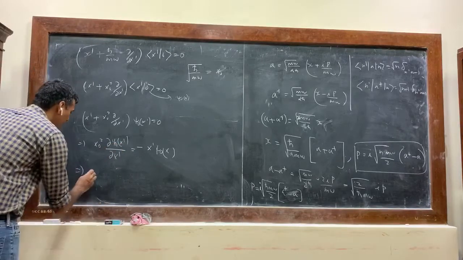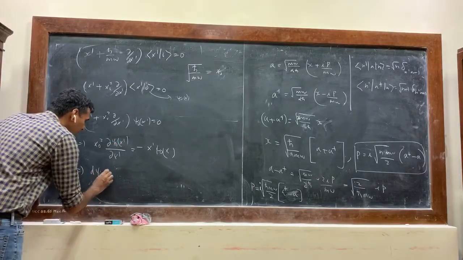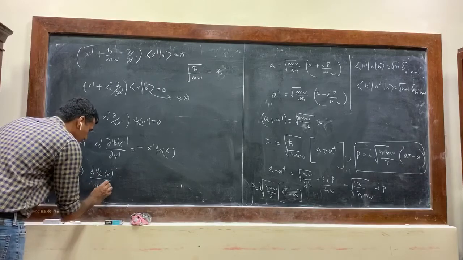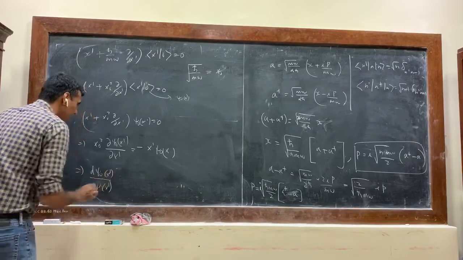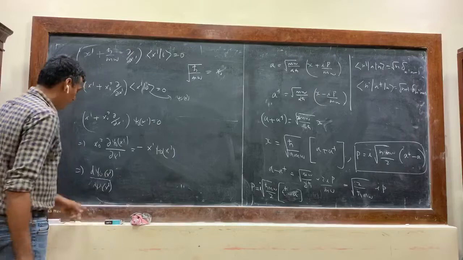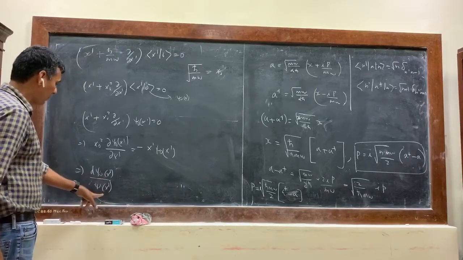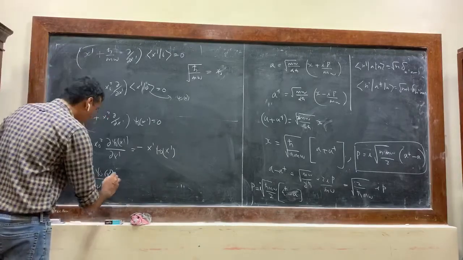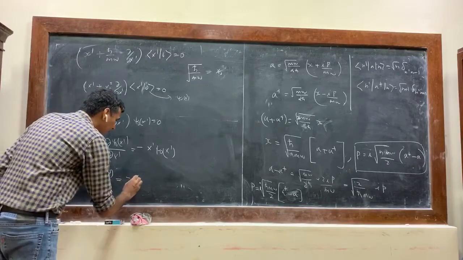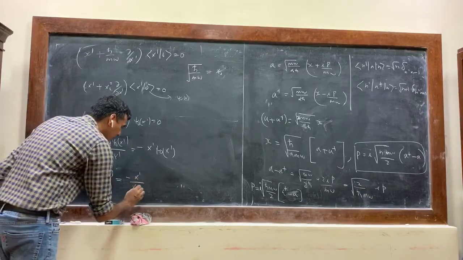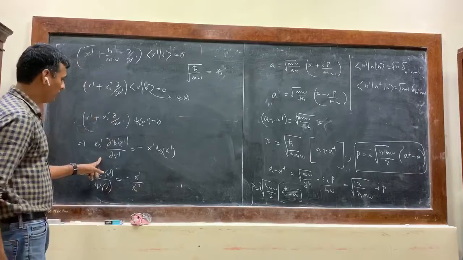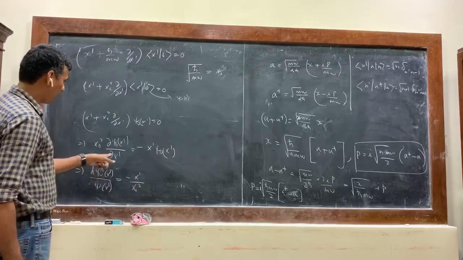This implies that d psi 0 of x prime divided by psi 0 of x prime is equal to minus x prime divided by x0 square times dx prime.